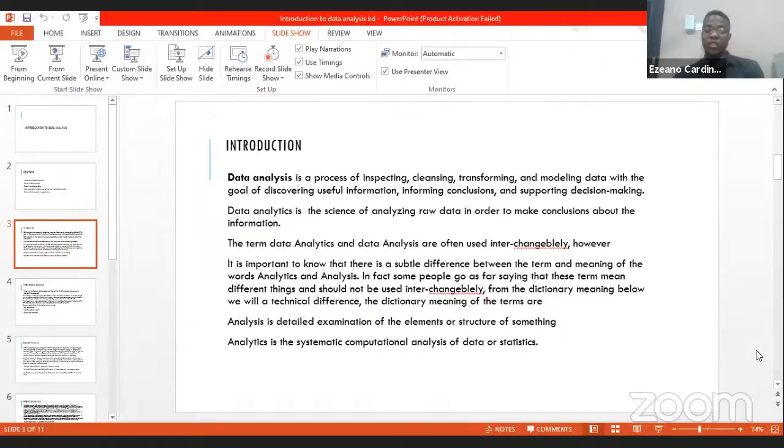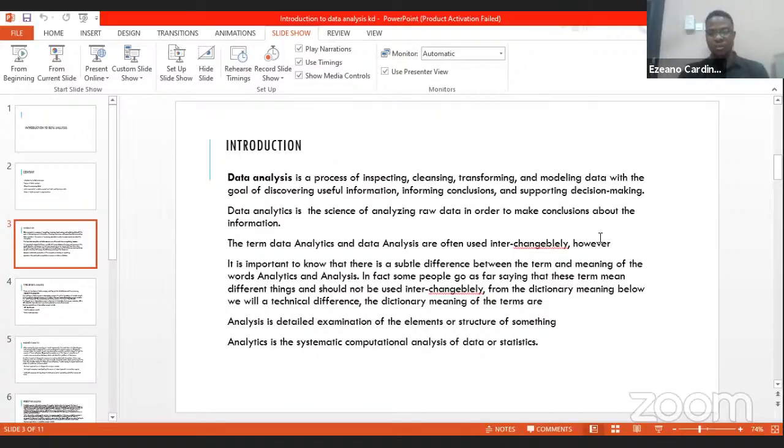But in the actual sense of companies, what they do is the same. Data analytics and data analysts do the same job. So that is why in this session, we'll be using the words analysis and analytics interchangeably.